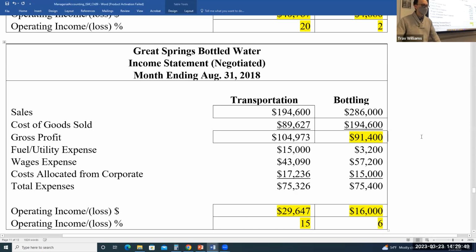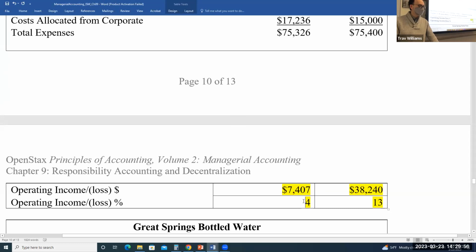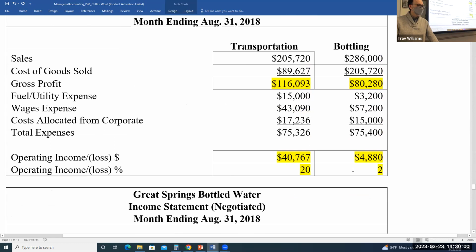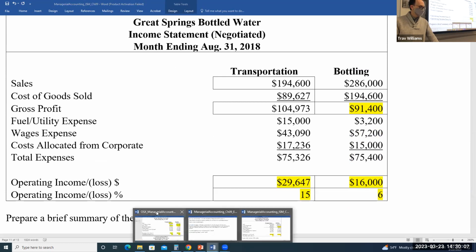Okay, that was a lot of number crunching there. So in the first scenario, we have 4% versus 13%. Second scenario, we have 20 versus 2. And the third one, 15 versus 6.